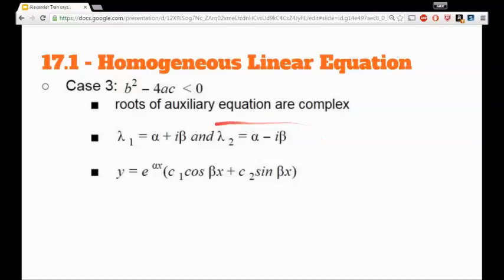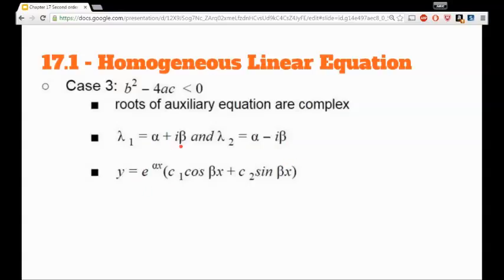In case 3, where b squared minus 4ac is less than 0, the roots of the auxiliary equation are complex numbers, where lambda 1 equals alpha plus i beta, and lambda 2 equals alpha minus i beta.